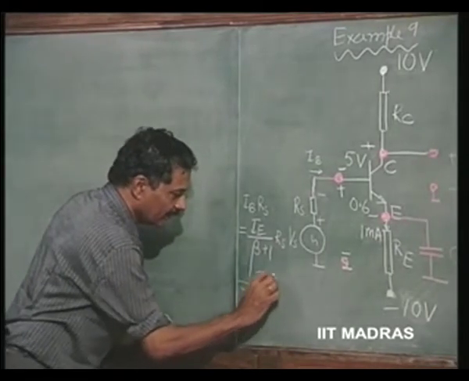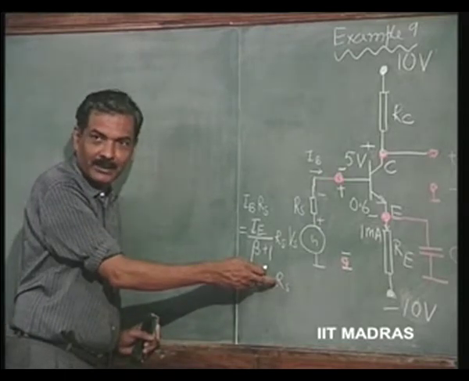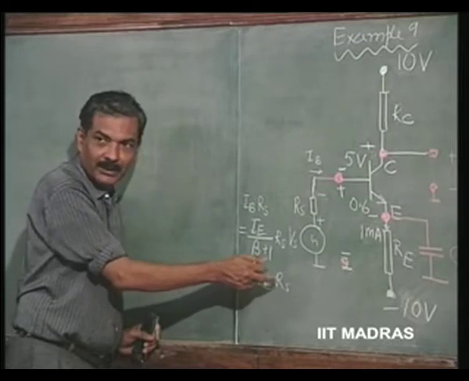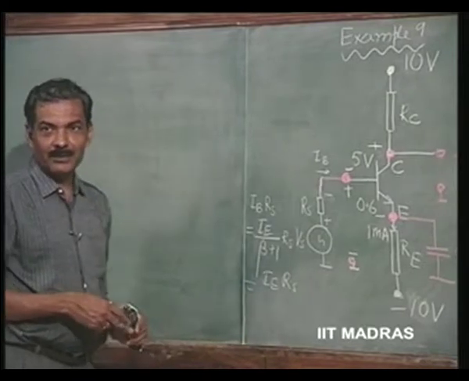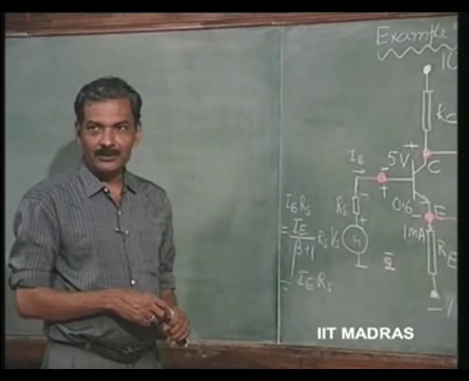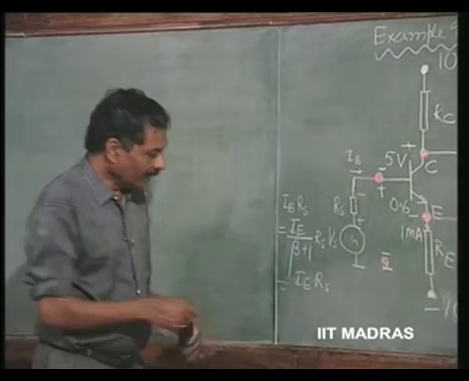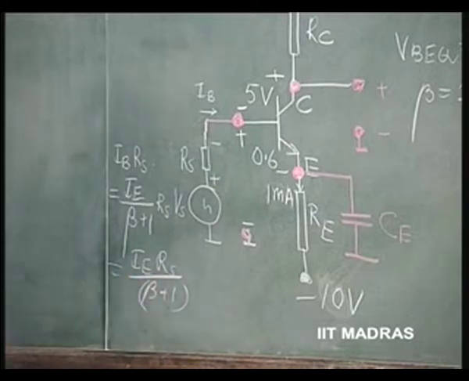IE is given as 1 milliampere and RS may be known, let us say 1 kilo ohm. So, 1 milliampere into 1 kilo ohm is going to be about 1 volt drop, and that divided by beta plus 1, which is about 201.